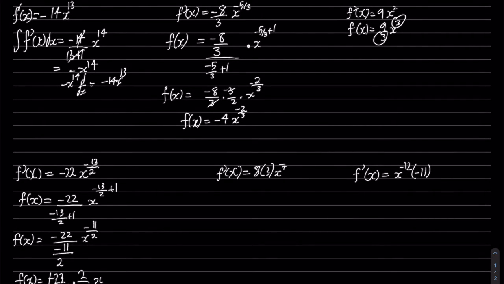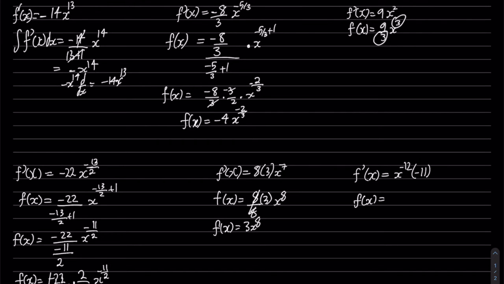Times x to the negative 11 over 2. This one, f of x is going to be 8 times 3 over 8 times x to the 8. That's what you get. Let's write it down anyways. 3 times x to the 8.